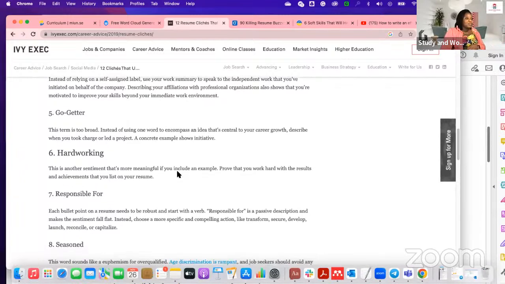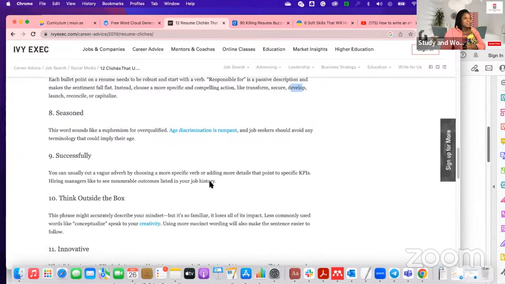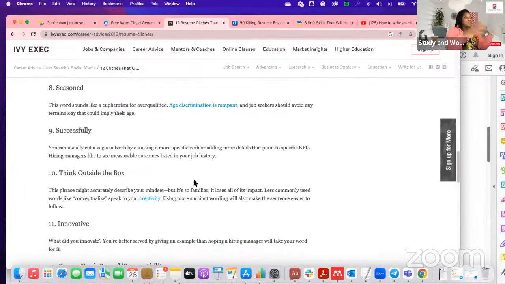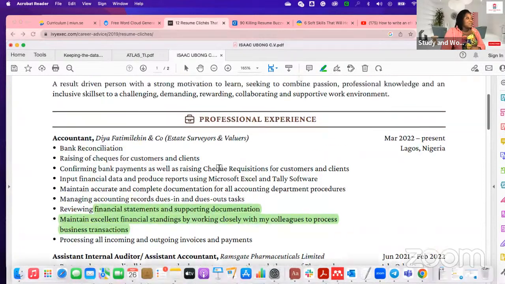Okay, don't just put plenty of words there. Instead of saying I was responsible for, say that I transformed something, I developed this. Okay, that makes it more convincing than just putting plenty of words. And I can see some examples here where our friend did the same thing.